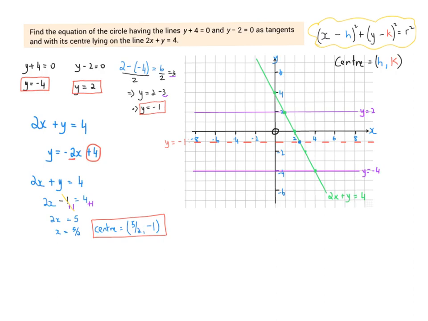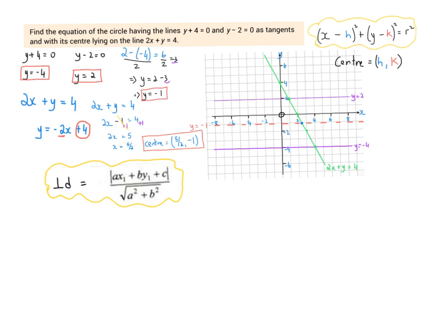So we have our centre, which we can use for this formula. The last bit that we want is to get our radius. So our radius will be the perpendicular distance from this point to the line y equal to 2, or the perpendicular distance from the centre to this line here. So let's just use our perpendicular distance formula to do this. Here's our formula again for the perpendicular distance from our log tables, and we know that our line has to be in the form ax plus by plus c equal to 0.